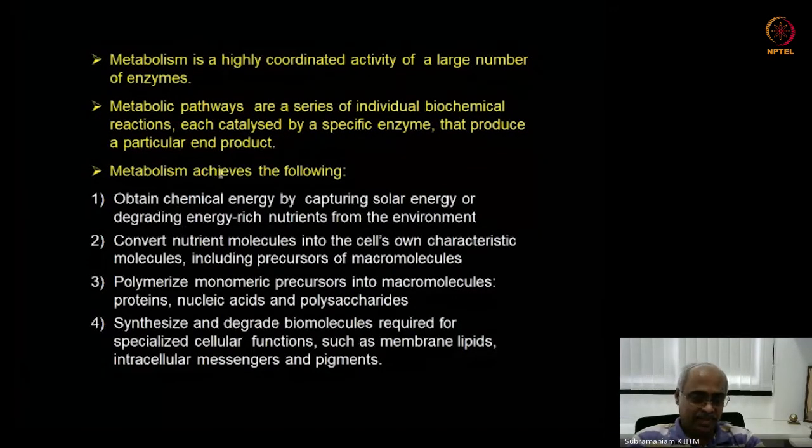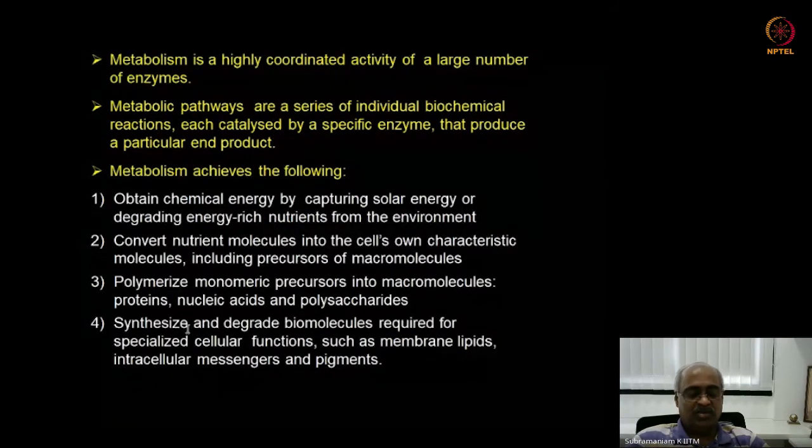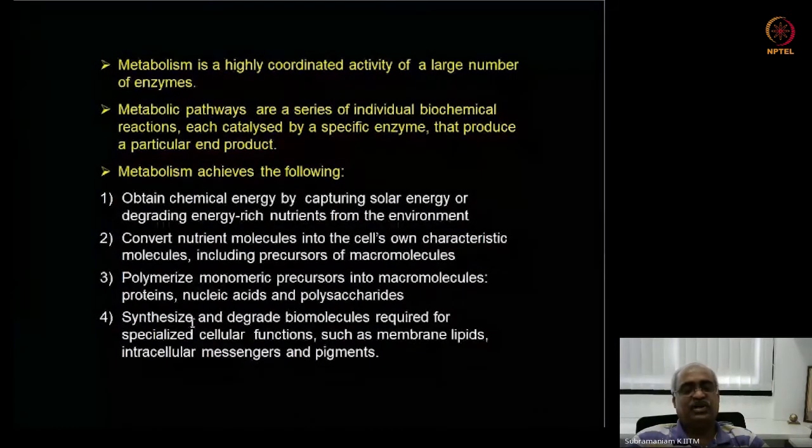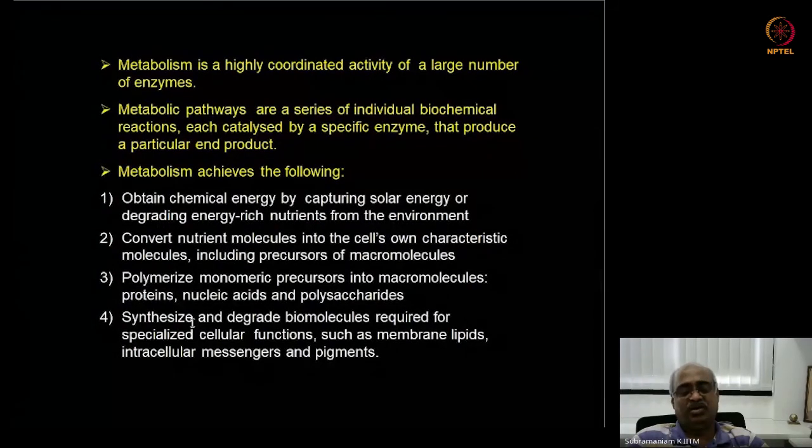So what does metabolism achieve? They are listed here. One is energy. Okay, so either by taking up an energy rich molecule, meaning a molecule which has potential for losing electrons, and while losing electrons to a molecule that more readily can accept.